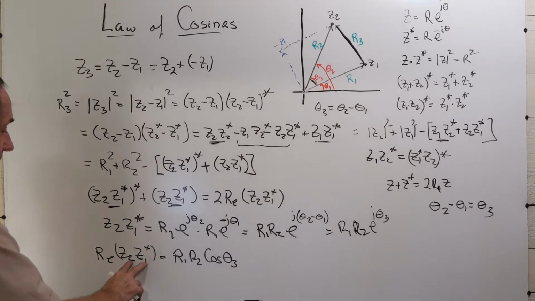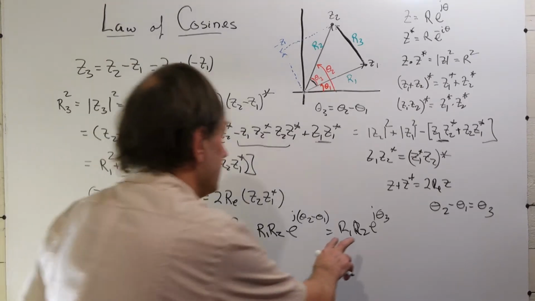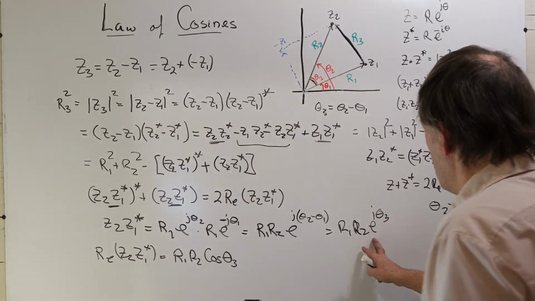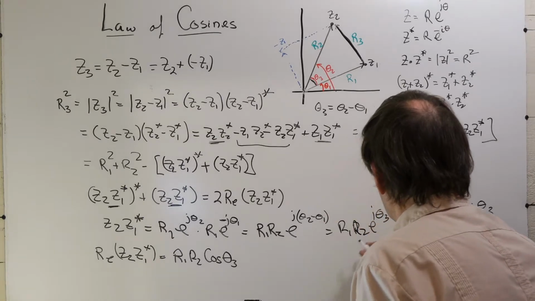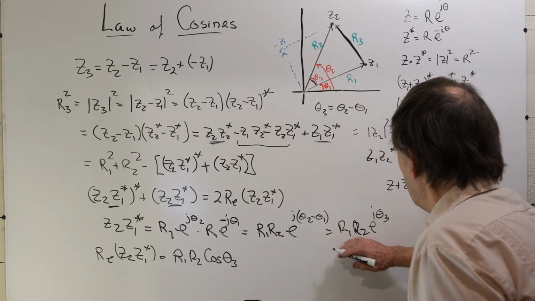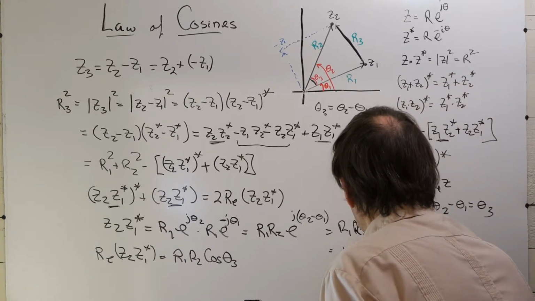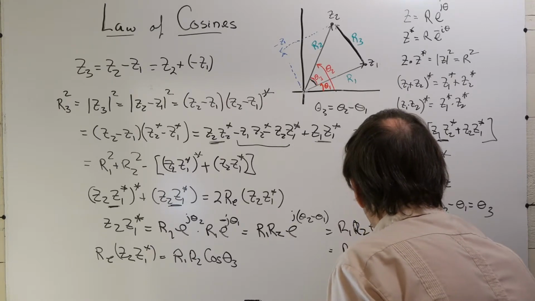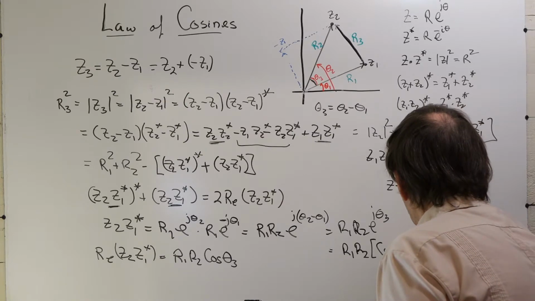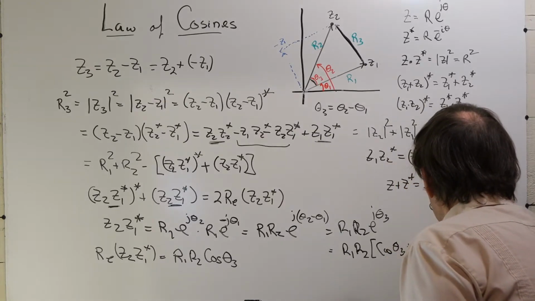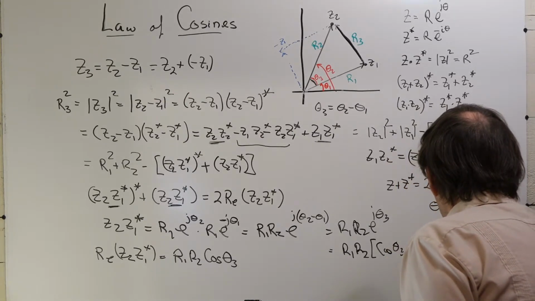The real part of this complex number, here's our complex number, and remember from Euler's identity that this number can be written as R1, R2 times the cosine of theta 3 plus I times the sine of theta 3.